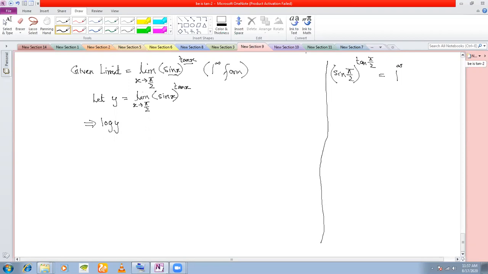Log y is equal to log limit x tends to pi by 2 sin x to the power of tan x. Now you know when I was doing limits, I told you that log and limit can be interchanged.